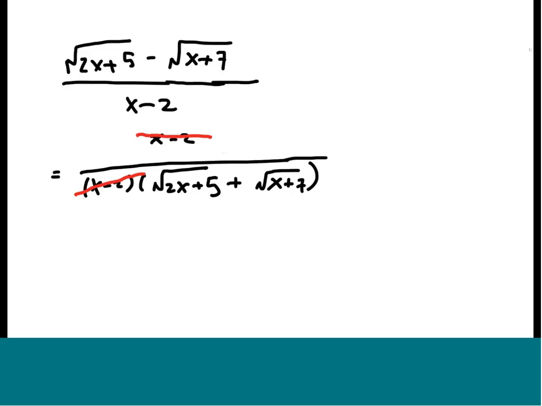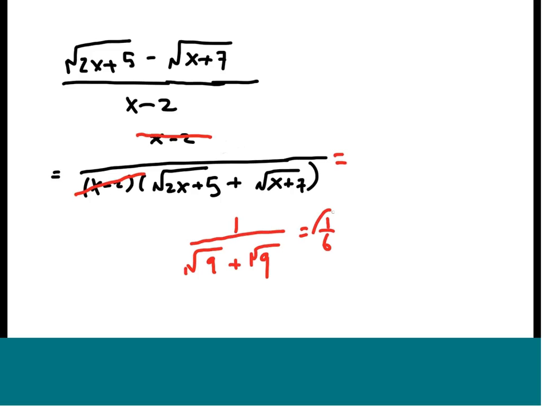So you have x equals 2. When x equals 2, you get square root of 9, which is 3.